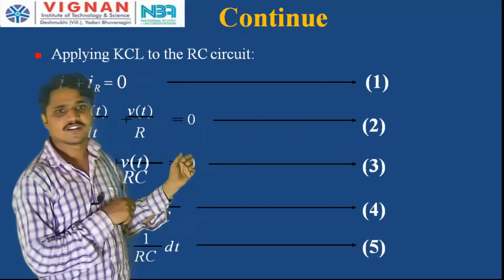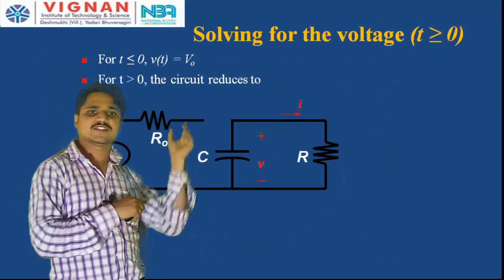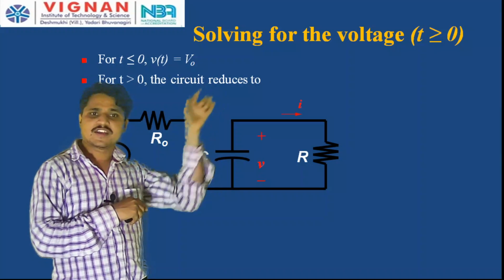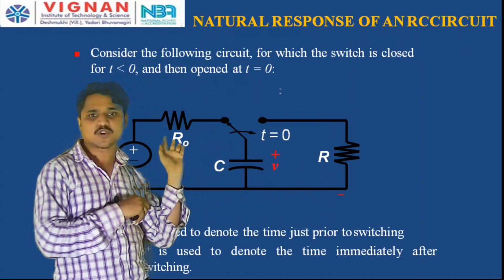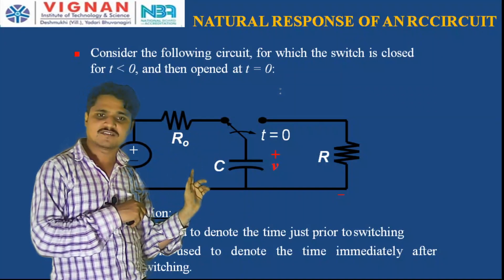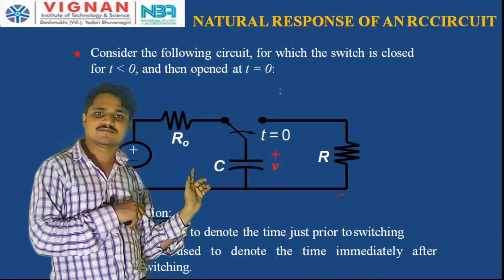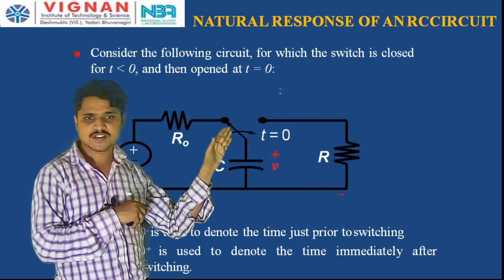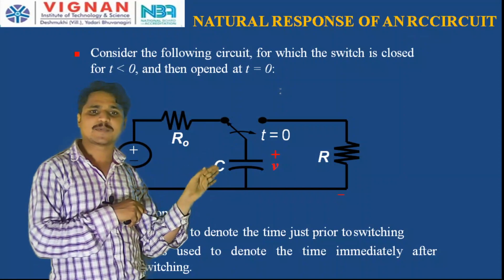Why? Because here V of t is equal to V naught. When the switch was closed, the capacitor was charging to V naught. But the moment you open the switch, what is the voltage across the capacitor?